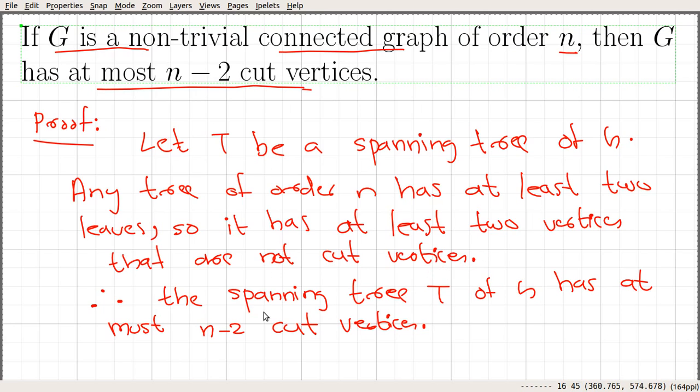That is true for the tree T as well. So the spanning tree T of G has at most n minus 2 cut vertices.